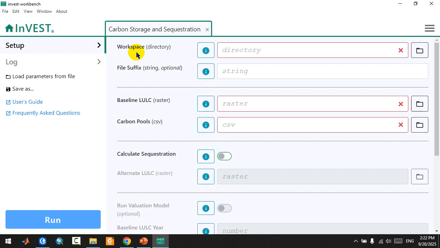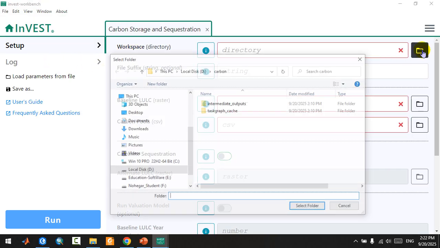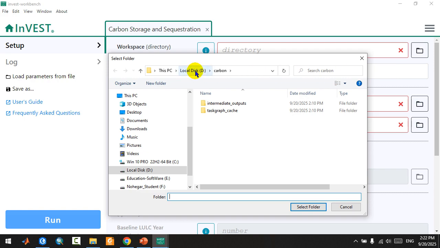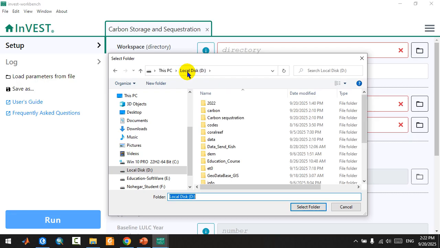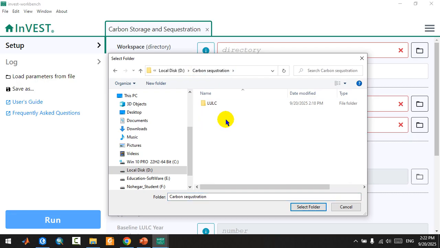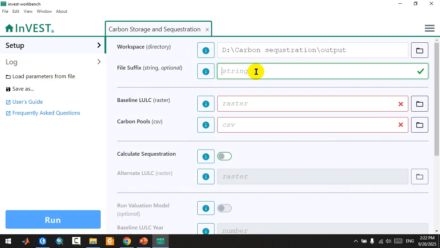For the workspace directory folder, the drive D carbon folder, no, in the carbon sequestration folder, new folder by output. Okay, double click and the folder output, select folder, and the file suffix is test1, test2. Okay, baseline.